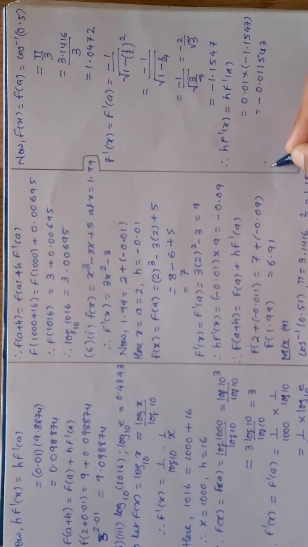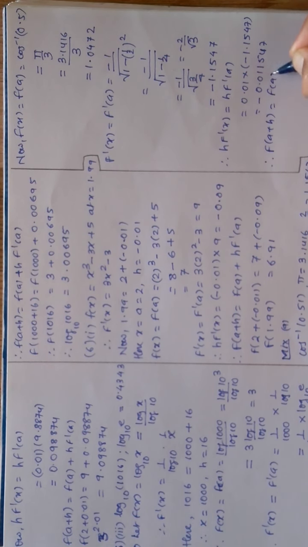So last step, f(a plus h) is equal to f(a) plus h into derivative of a. So a plus h is your 0.5 plus 0.01, that is f(a) found out to be 1.0472 minus 0.011547.